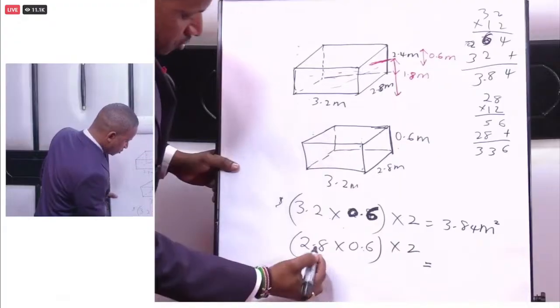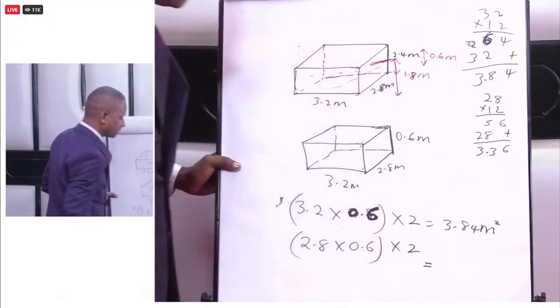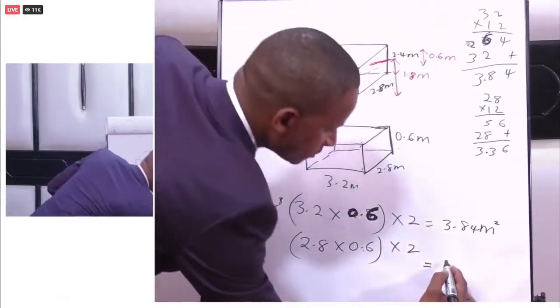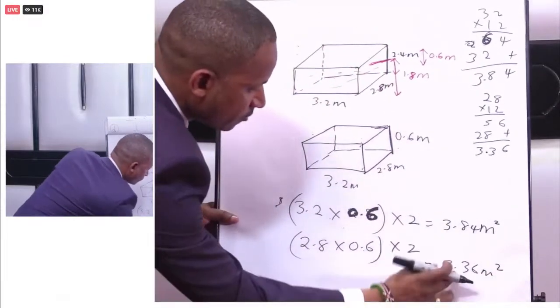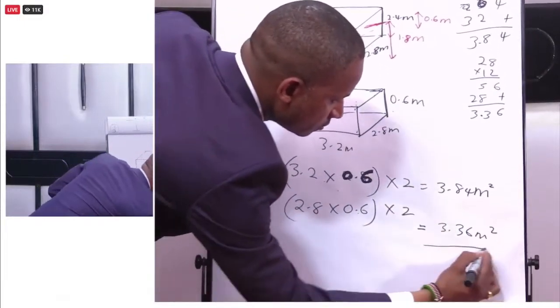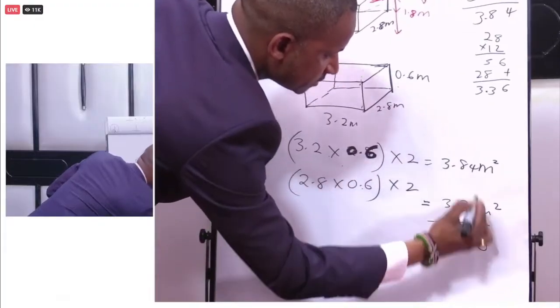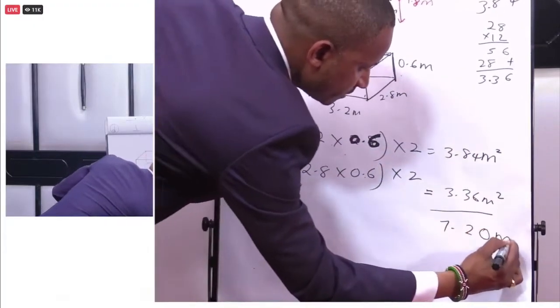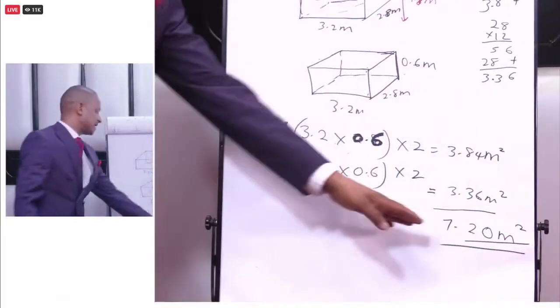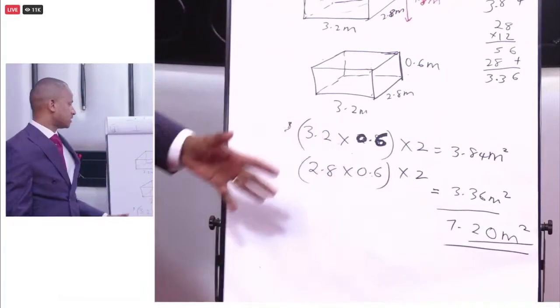Then you add them up and you get 7.2 meters squared. So this is the area that is not in contact with water.